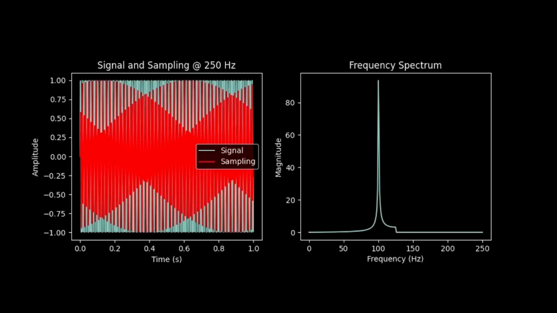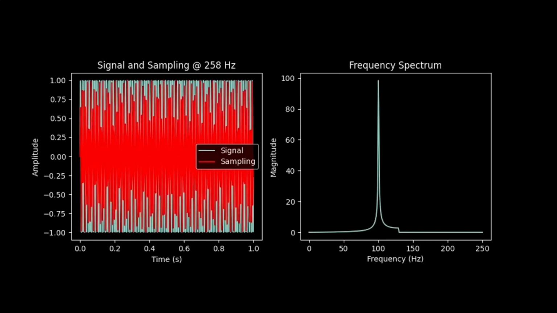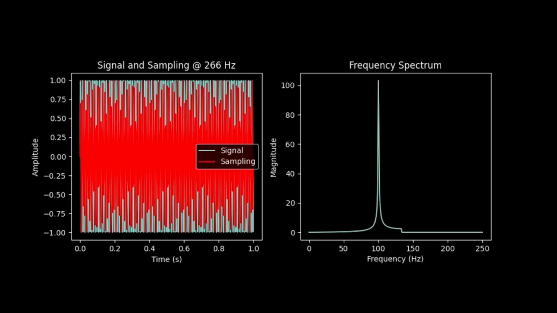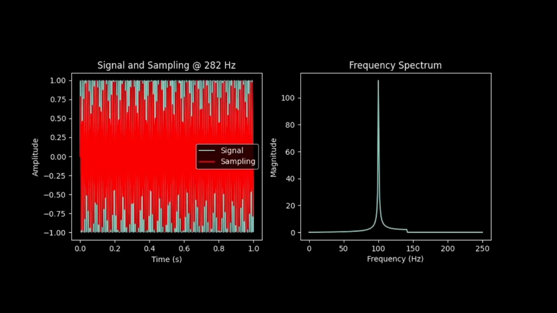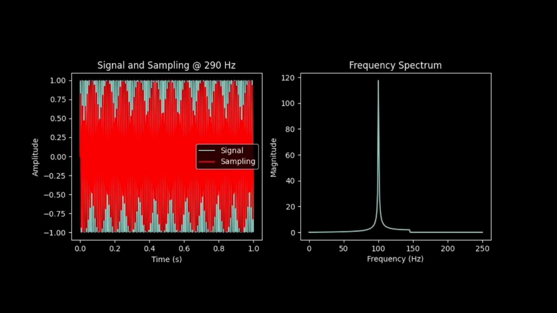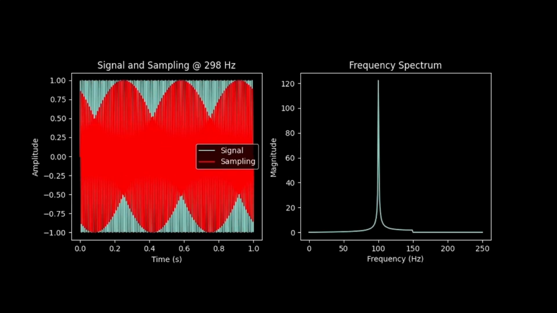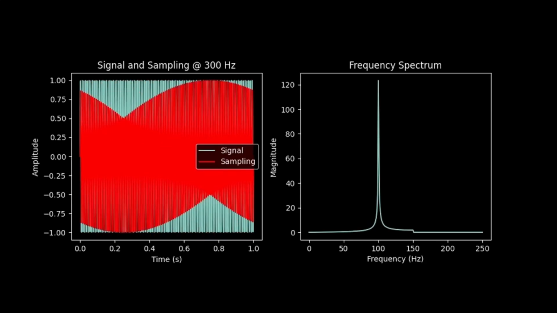As a matter of fact, the only thing that's happening to it is its amplitude is growing, and that's because now we are appropriately sampling our signal to be able to measure this 100 hertz frequency. And we're going to stop here at 300 hertz. But you could see that we could just keep going, and the magnitude would just keep getting better. We would be at a much greater resolution here. But there's no need for us to really go above, let's say, like 201 hertz based off of the theorem.